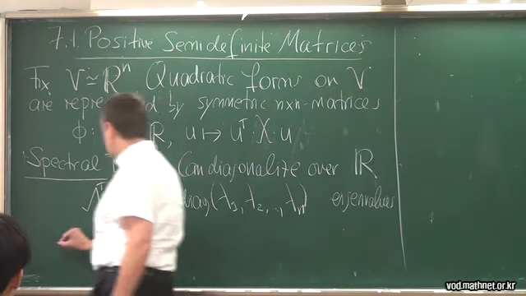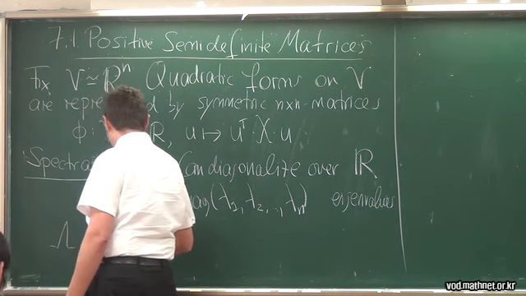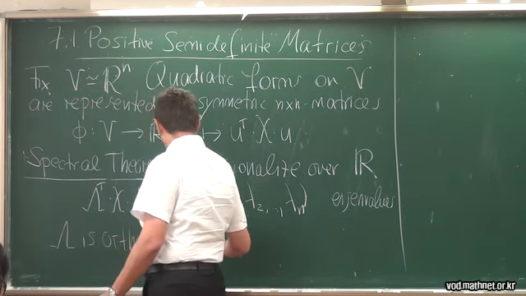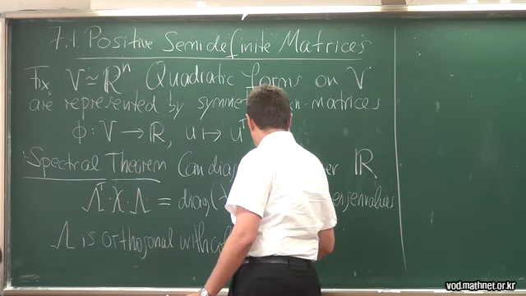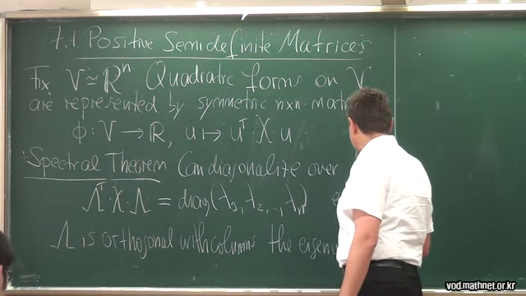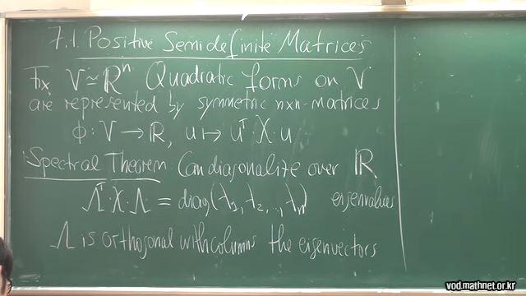And then the matrix is an orthogonal matrix, and the columns are the eigenvectors. So this is the spectral theorem. The eigenvectors are real and they form an orthogonal basis, and the eigenvalues are real.